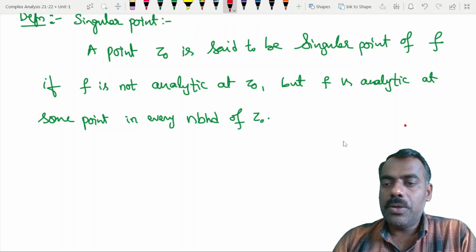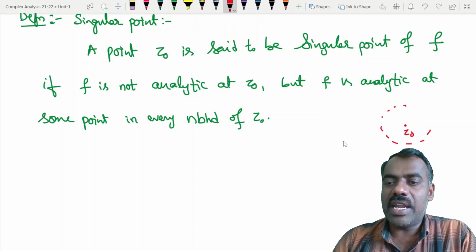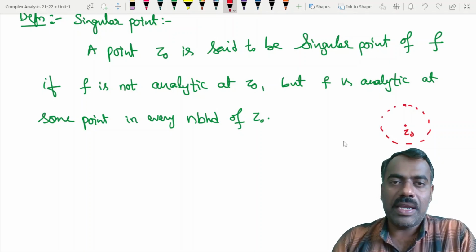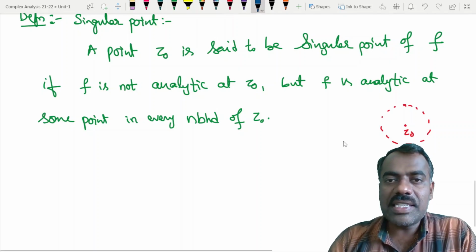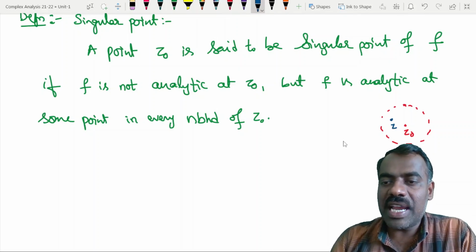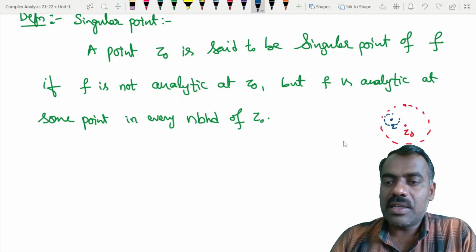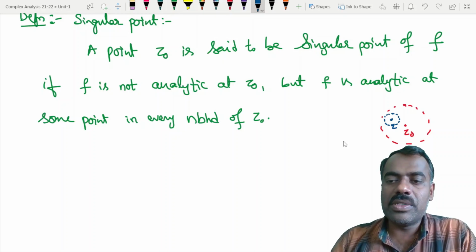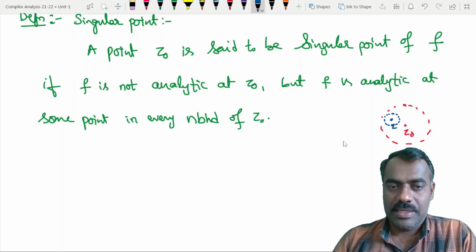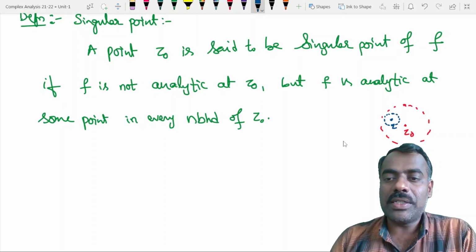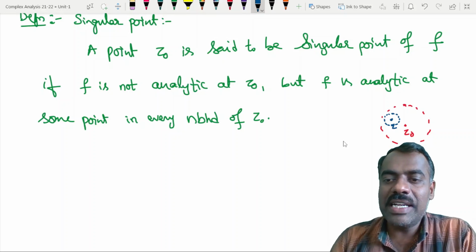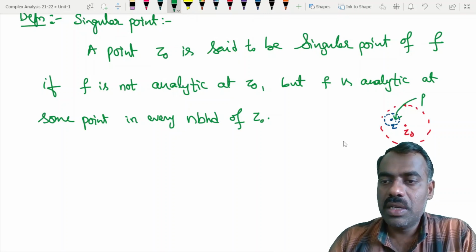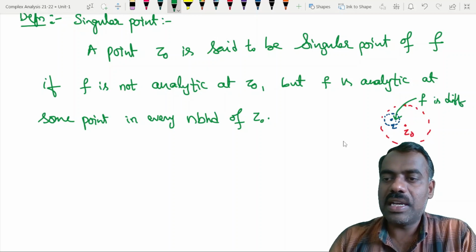You take any neighborhood of z naught. f need not necessarily be differentiable at every point, but there exists at least one point z in it at which f is analytic, meaning there exists some neighborhood of that z such that f is differentiable everywhere. Are you following? Yes or no? Clear?